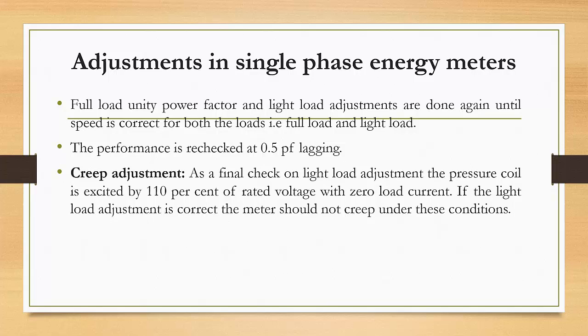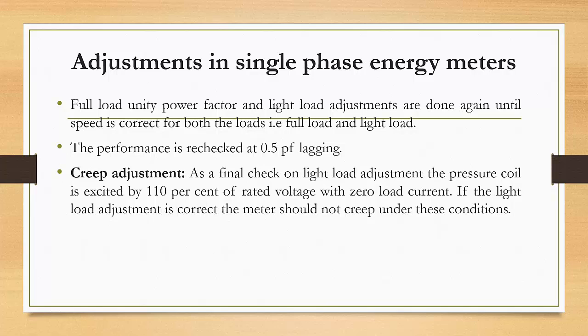Next is creep adjustment. Creep is nothing but finding out whether the disc is moving slowly or not. If the disc is moving slowly rather than at a normal speed, it is called creep. In order to manage this creep, we do an adjustment called creep adjustment. To do this, excite the supply voltage to 110% of rated supply voltage.